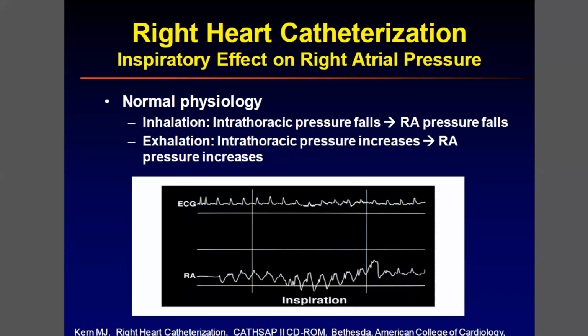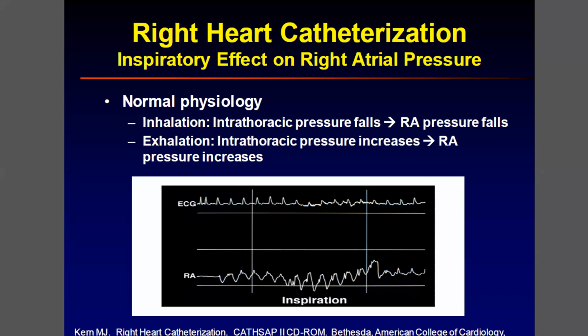Now, in normal people like you and me, if we don't have pericardial disease, our intrathoracic pressure and intracardiac pressure go hand in hand. So as you inspire, your intrathoracic pressure will come down and your intracardiac pressure will also come down. As you expire, your intrathoracic pressure will go up and your intracardiac pressure will go up.